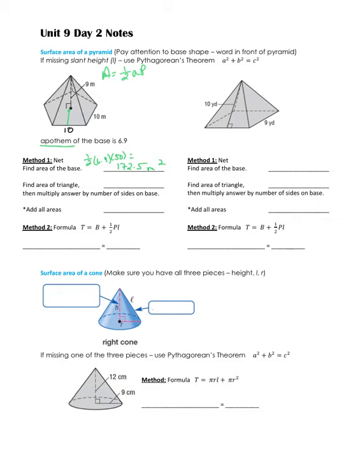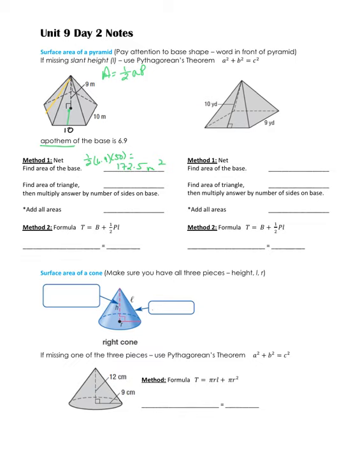Which means we need to find the slant height, which would be this. I'm going to draw it in yellow. We need to find this. All right, we're really going to be bringing in the triangular geometry to this one.